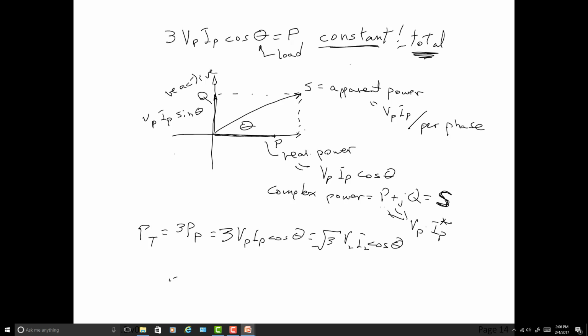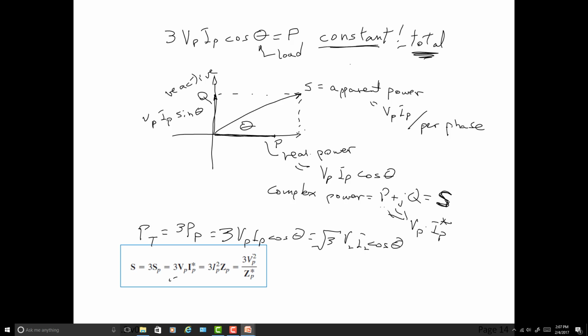The phase angle from the load, and any interaction. The load is what causes the phase angle to differ from the source. It causes the phase shift between the current and the voltage, line current, line voltage, phase current, and phase voltage.